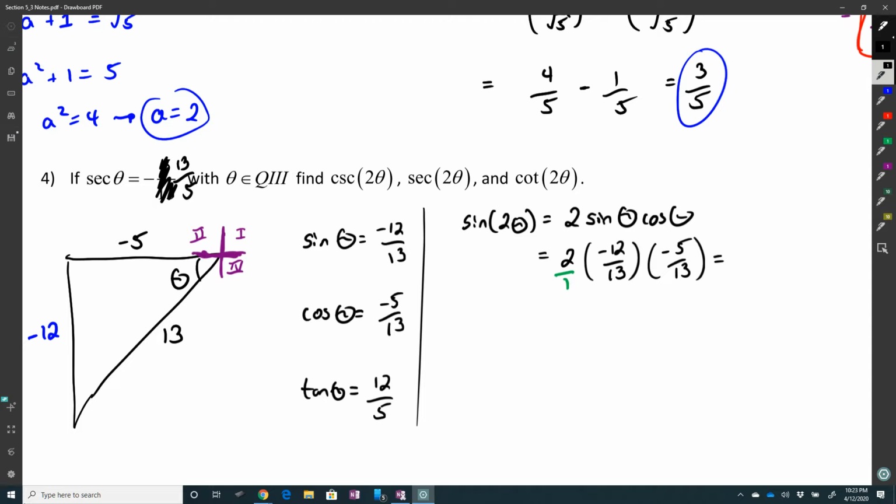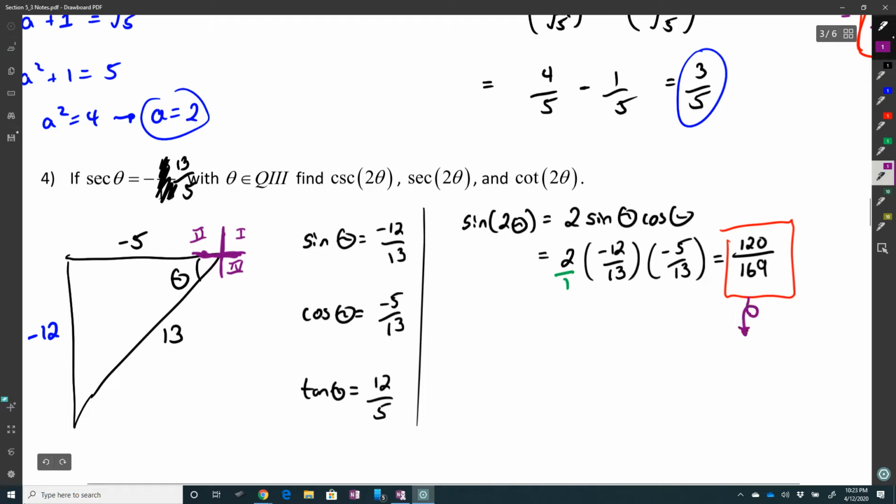I have positive 120 over 169. Oh, sorry. That's actually not the answer yet. And then I flip it. And that gives me my answer, cosecant. So 169 over 120.